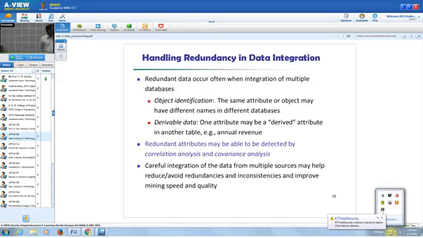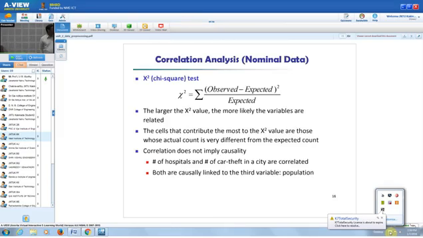I want to tell you some aspects about how redundant data occurs with integration. This aspect I will discuss a little later. Okay. Next slide. Already three, and I have to just cover some of the statistical tests for this.